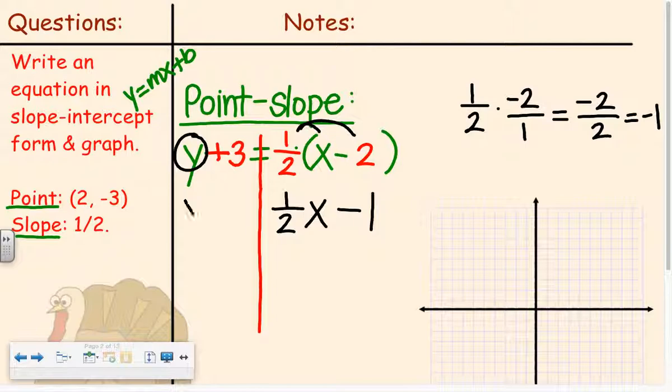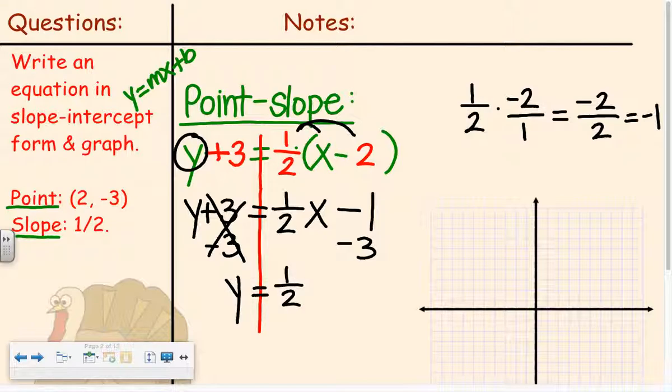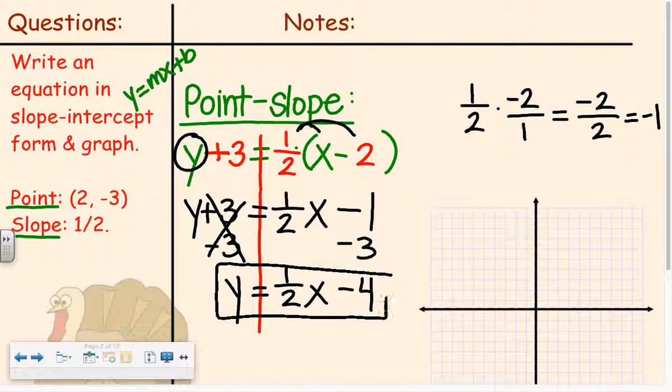Bring down the y plus 3. Then to get y by itself, I've got to get rid of this plus 3, so subtract 3 on both sides. -1 and -3 make -4. So now my equation is in slope-intercept form.